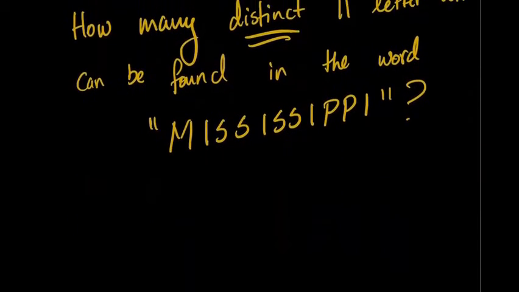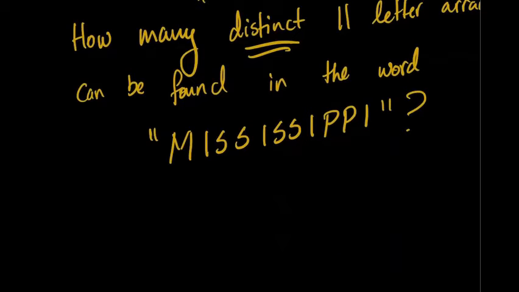Now let's see. How many distinct 11-letter arrangements can be found in the word Mississippi? Now, by letter arrangements, that just means that you're just rearranging the word into different words, I guess.